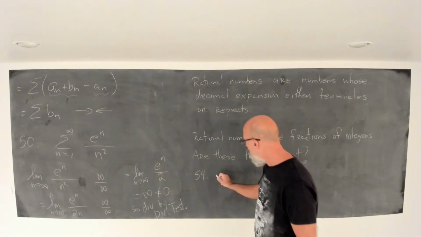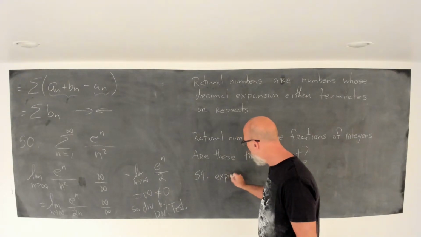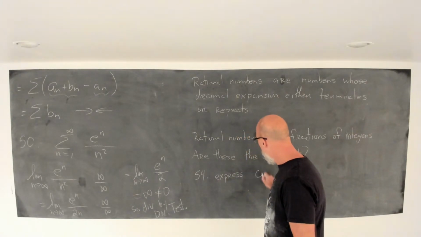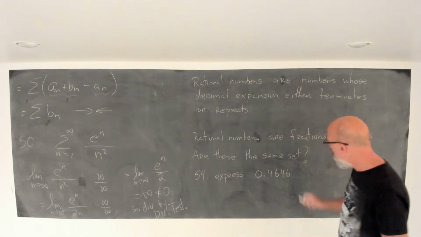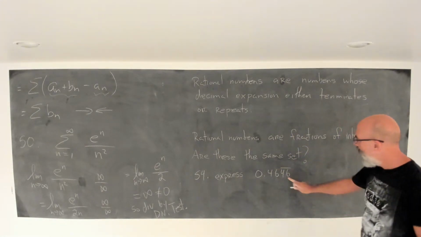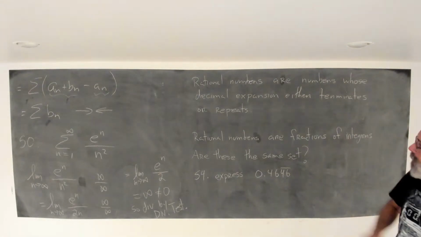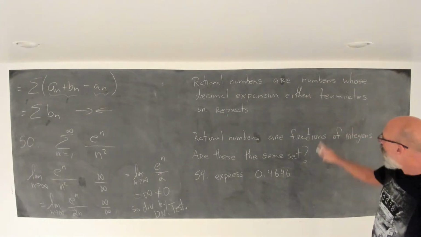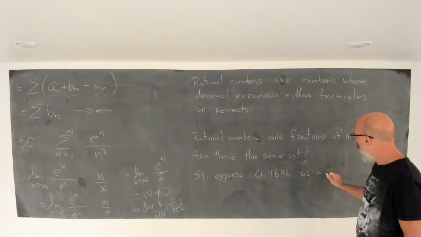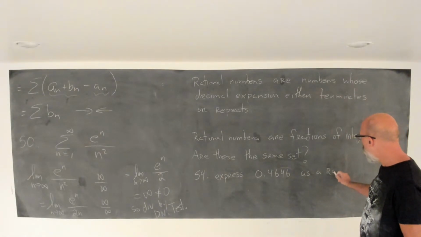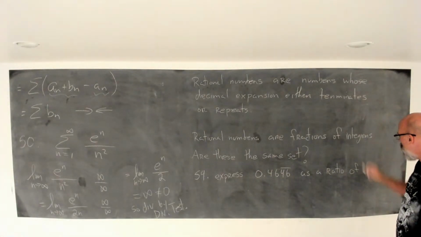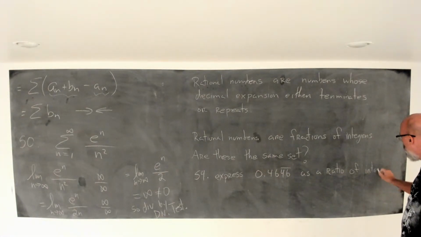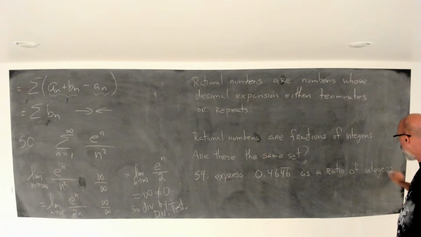Number 54 is asking us to express the number 0.464646, where the 46 repeats, as a fraction of integers.